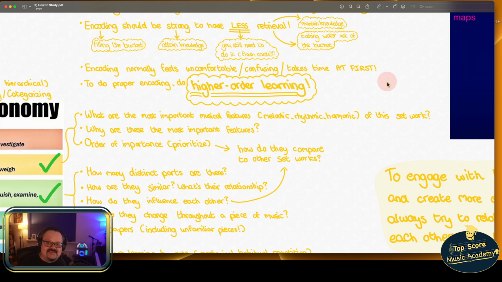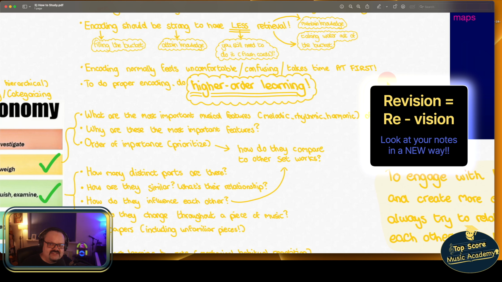And then when they finally start doing things like mind maps and thinking about evaluating all the information, and analyzing that information, then they begin to understand that when you're revising, you should be revising. It's a re-vision, a new way of looking at something, a re-looking, if you think of it that way.